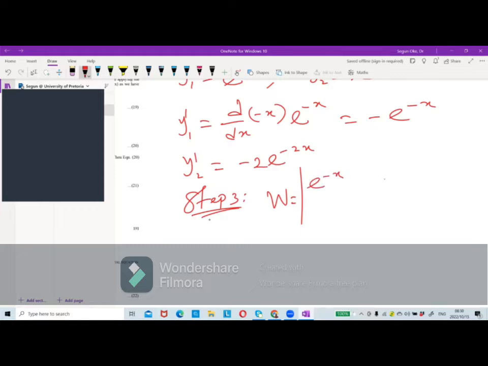What is y2? Exponential minus 2x. Good. Then what is y1 prime? Minus exponential minus x. Then y2 prime will be minus 2 exponential minus 2x. Let me write it very well.